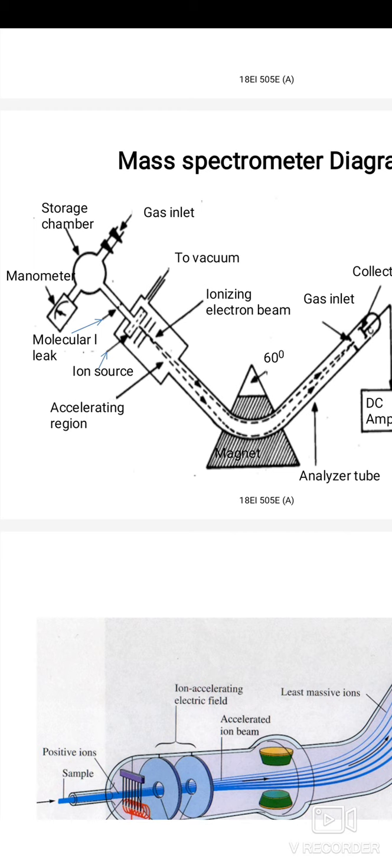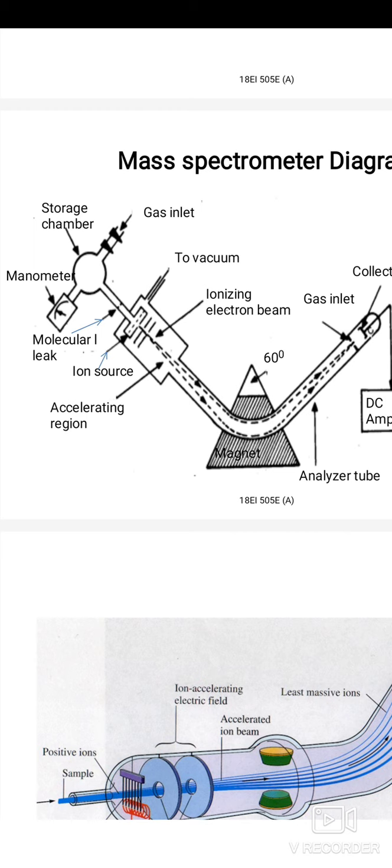These ions pass into the electrostatic field, where they gain kinetic energy, in the accelerating region we can see here in the figure. These accelerated ions then pass into the magnetic prism field.